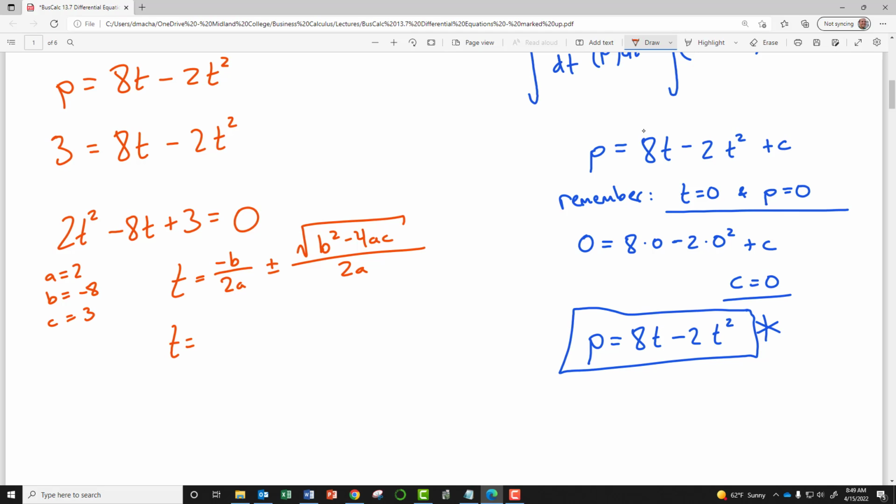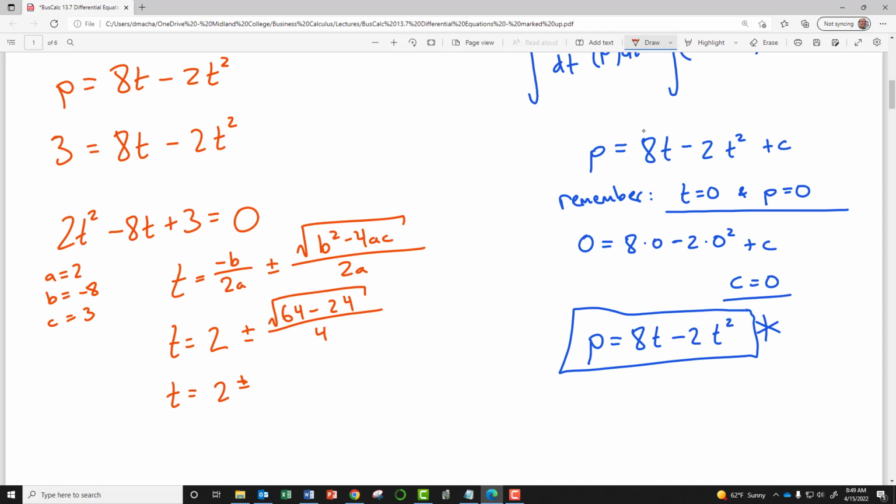Which means that my solutions are going to be negative negative 8, which I call positive 8, divided by 2a, so divided by 4, plus or minus the square root of b squared, which is 64, minus 4ac, which is going to be 4 times 2 times 3, which would be 24, all divided by 2a, which is 4.